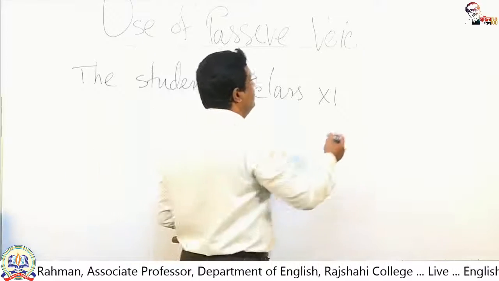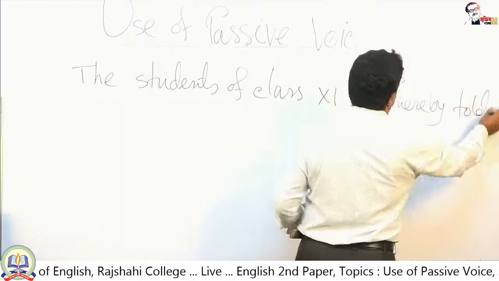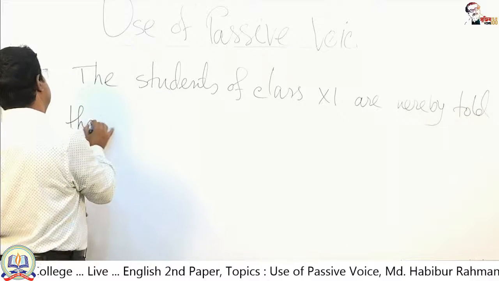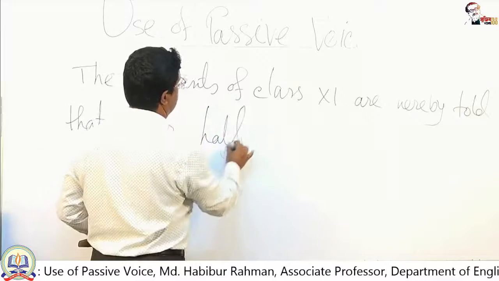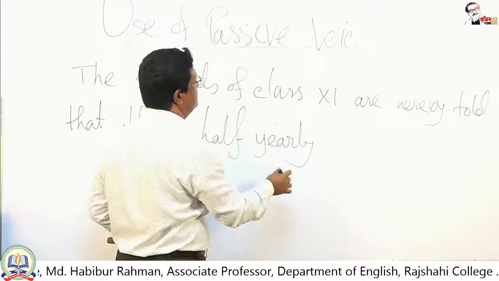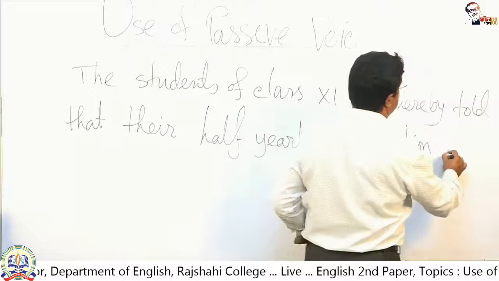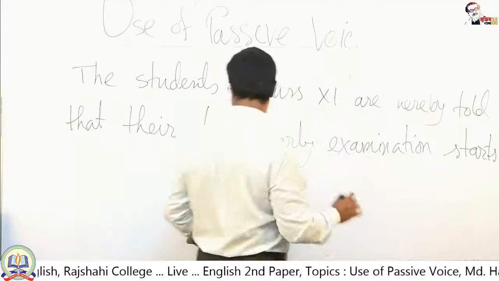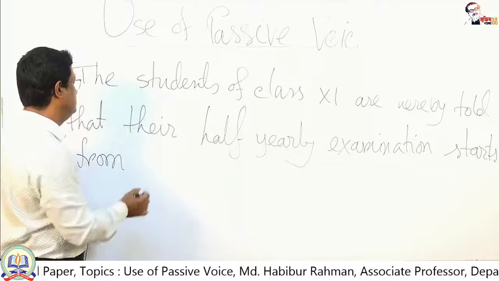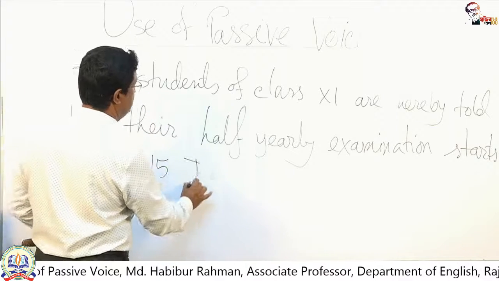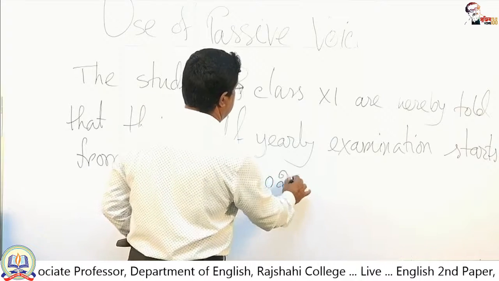The students of class 11 are hereby told that they are, a half-yearly examination starts from, suppose this is June, starts from 15 June 2021.